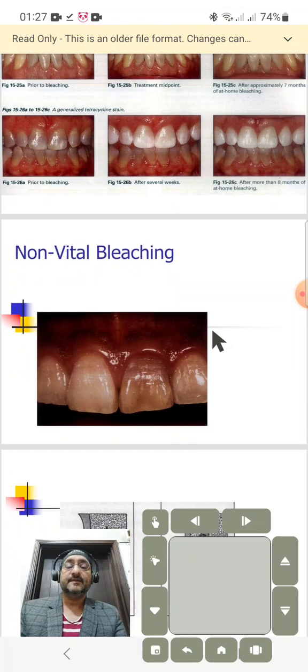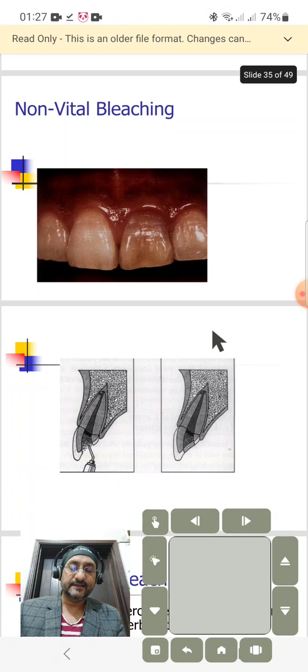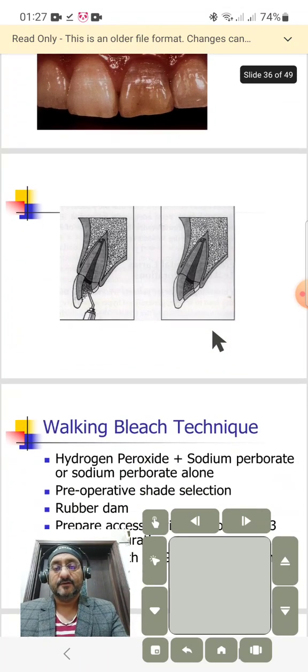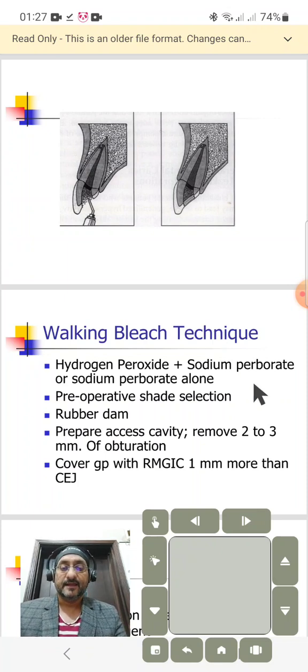Non-vital bleaching we usually do in a single necrotic tooth, a single tooth with necrotic pulp. Once the root canal treatment is completed, you can use the walking bleach technique with hydrogen peroxide plus sodium perborate.